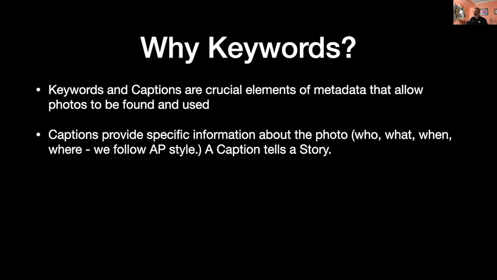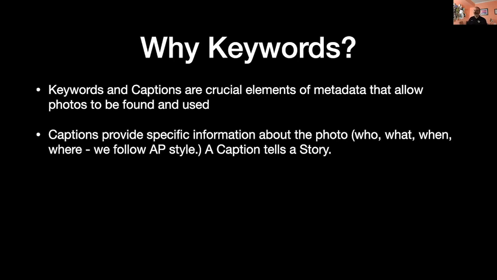Captions are great. Captions provide very specific information about the photo itself. We follow an AP style: who, what, when, where. In my mind, a caption tells a story about the photo, right? So I can see a photo and I can read the caption and know what was happening in that photo. But captions are necessary, but they're not sufficient, right?